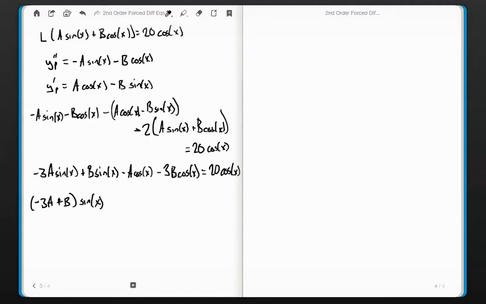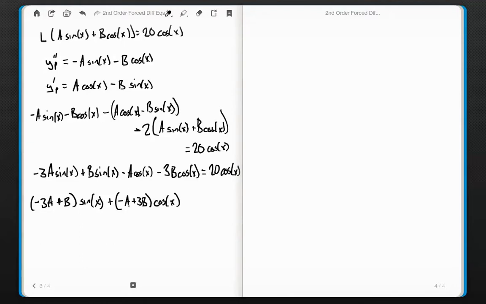And then the cosines is minus a minus 3b, times cosine of x.